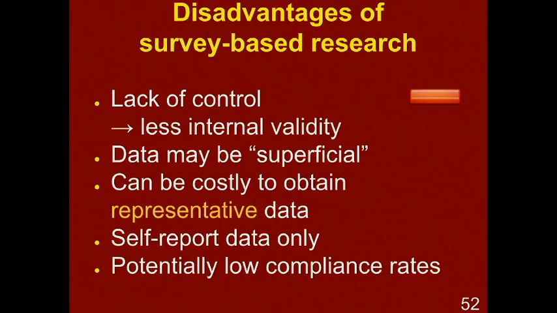So if we want to do a survey of the prison population or children or people with intellectual disabilities or refugees, we're going to have to think really carefully about how we survey them, because there might be language reasons or cognitive reasons or motivational reasons why they don't want to give us the data that we're looking for. Or if we want to research people's brainwave patterns, we're not going to get that from a self-report survey because they don't have access to that information. We're going to have to use a different measurement technique.